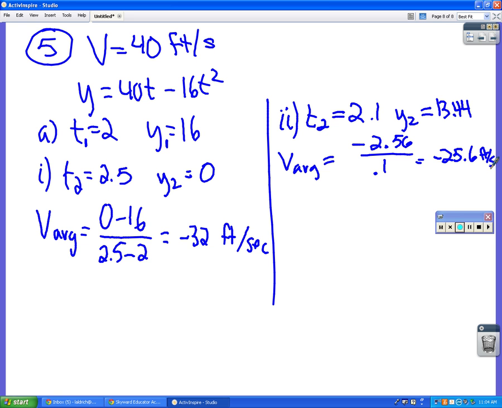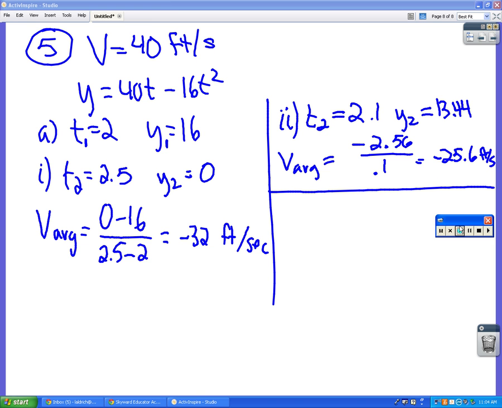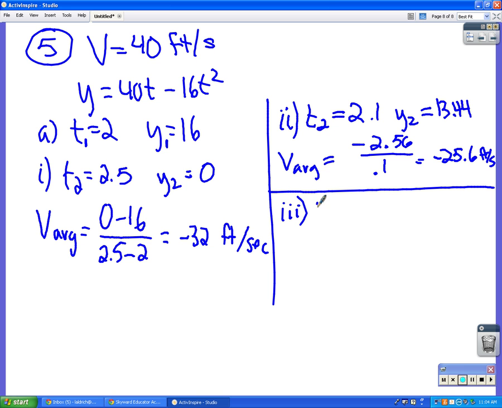All right, what's my new time period? Okay, so my t2 is 2.05. My y2 is what I get when I take this and plug it into that equation, 14.76.